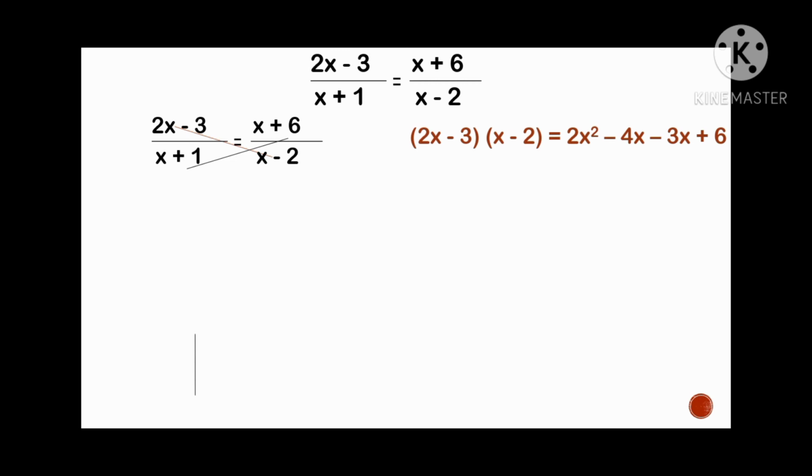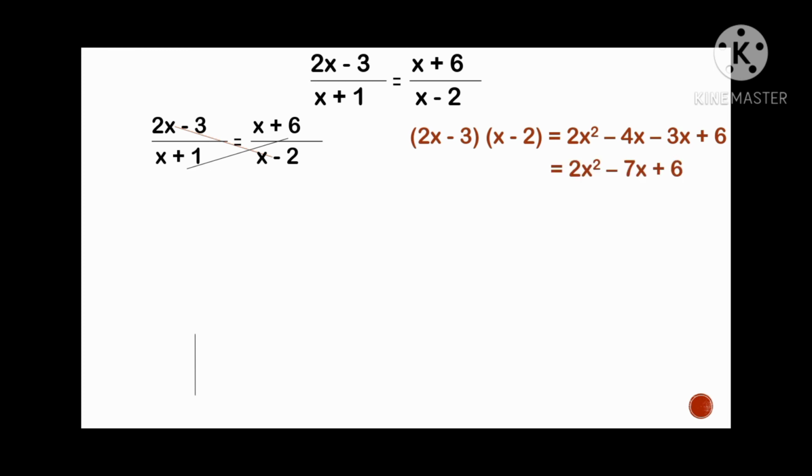So this is equal to, by using again the FOIL method, we have 2x squared, that's the product of 2x and x, minus 4x, product of 2x and negative 2, and then minus 3x, that's the product of negative 3 and x, and the last terms, we have negative 3 and negative 2. So the product of these numbers is positive 6.